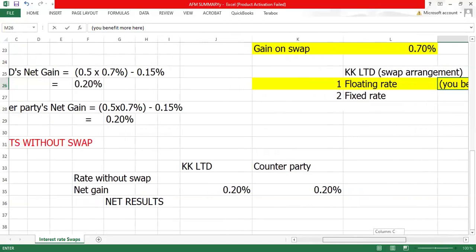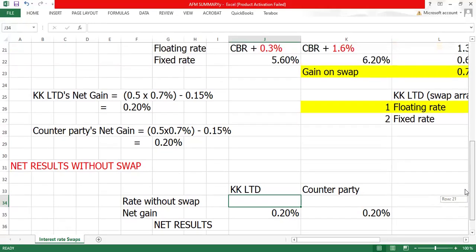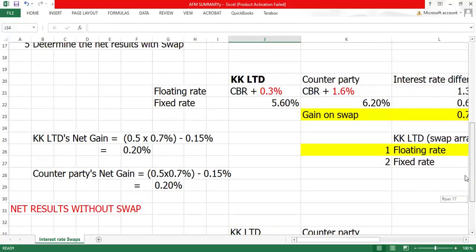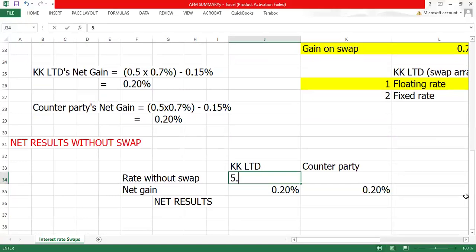Guys, you need to master this, because the moment you fail to identify this, then everything will be hard for you. So here we are going to start with the fixed rate of KK Limited. What was the fixed rate? It was 5.6.